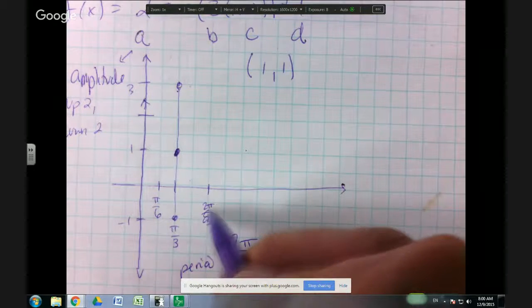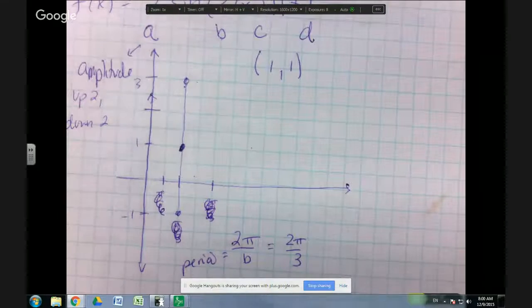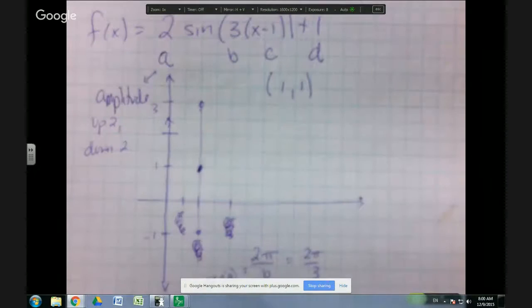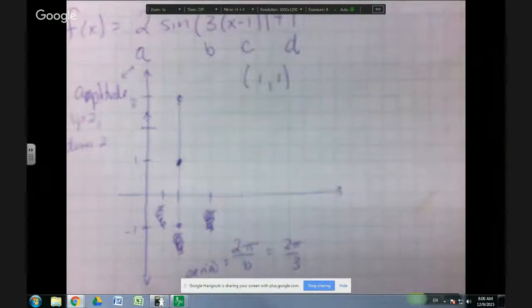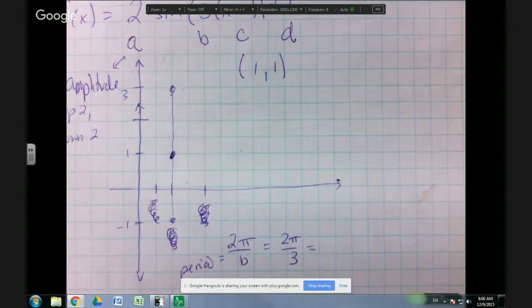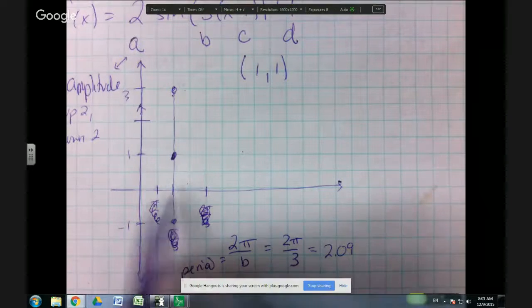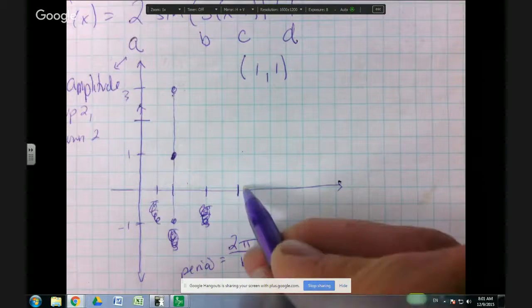Hold on. Let's correct those. What is 2 pi over 3 as a decimal? Let's go with that route. Anybody tell me? 2.09? Okay, thanks. So if this is 1, 2, this will be 3. We need to go to 3.09.